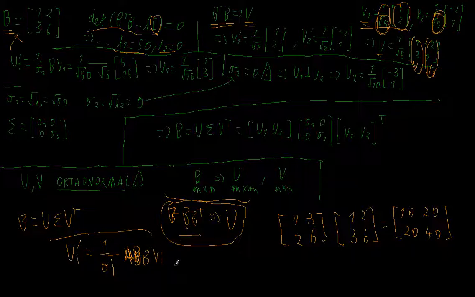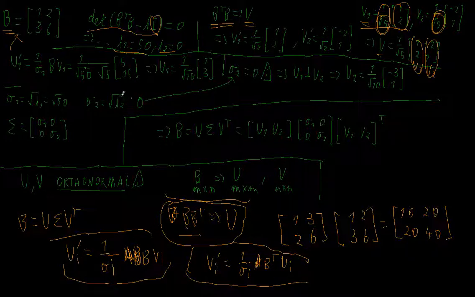If you do it the opposite way, you would have V sub i prime equal to 1 over sigma i times B transpose times U sub i. But here you need the first formula, not the second one.